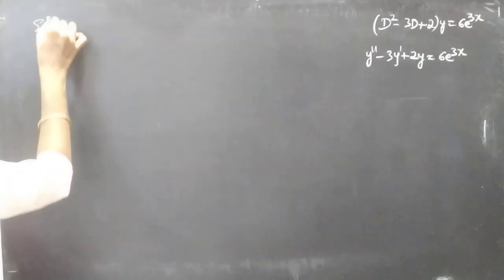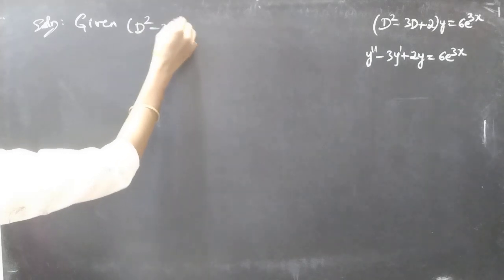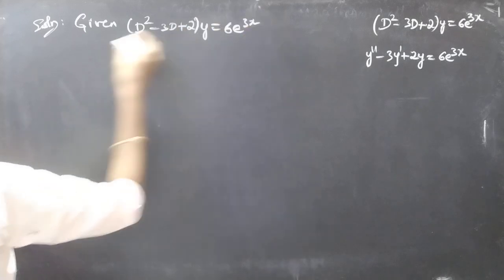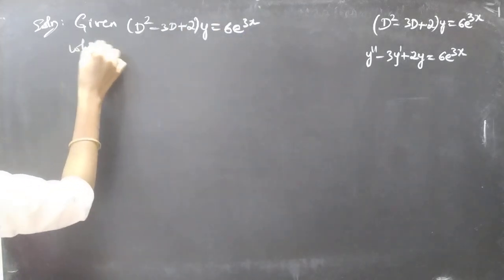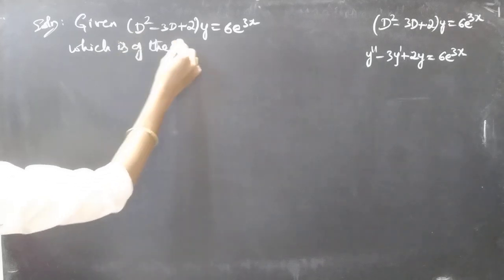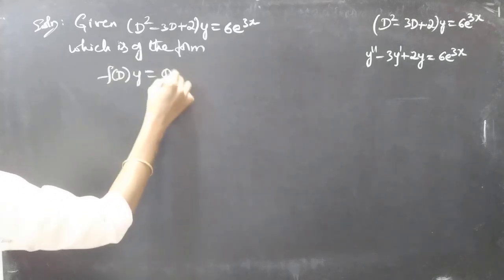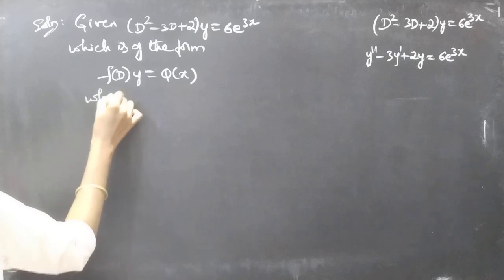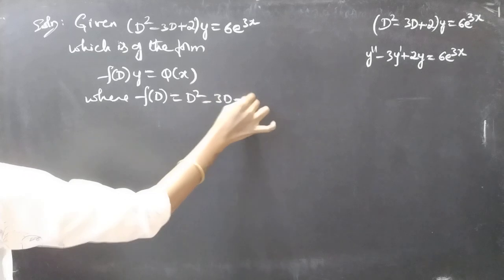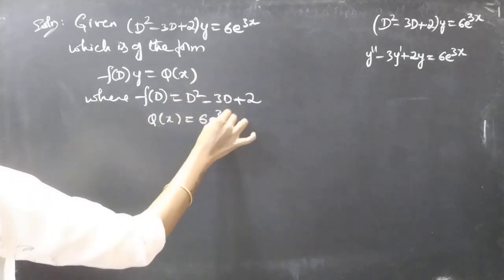Given (D² - 3D + 2) y = 6 e^(3x), which is an operator form f(D) y = Q(x), where f(D) = D² - 3D + 2 and Q(x) = 6 e^(3x).